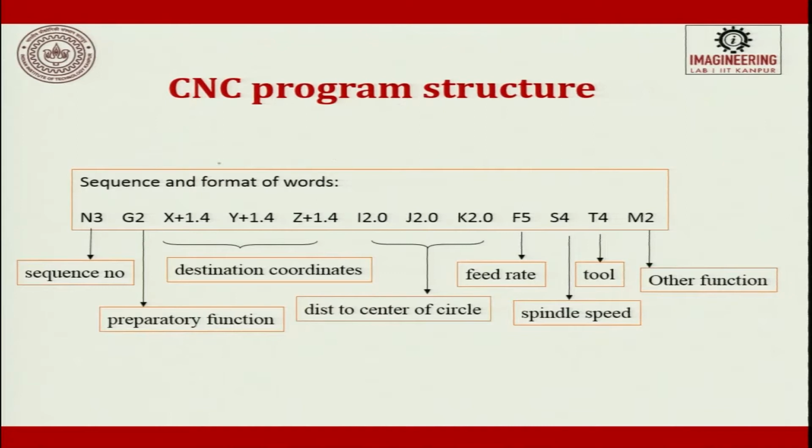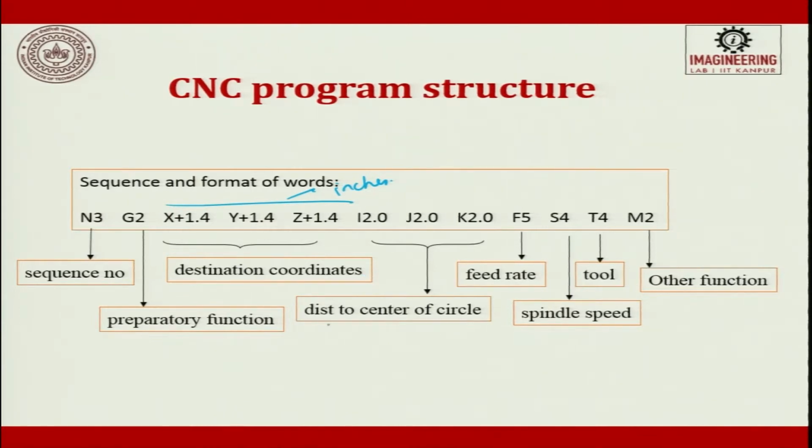This is the structure of a sequential block. You will have a sequence number, then a preparatory function, then the coordinates, here all written in inches: X plus 1.4, Y plus 1.4, Z plus 1.4. These are the destination coordinates.